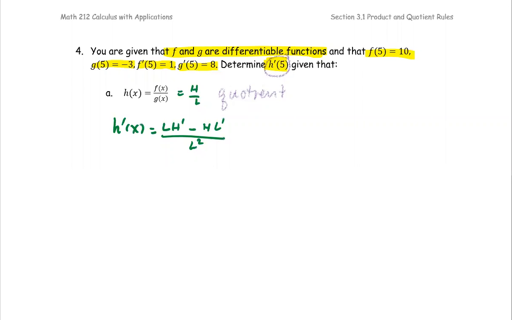This is different than the earlier problems that we did because you do not have the actual function. You just have the value for each one of them, including the derivative.